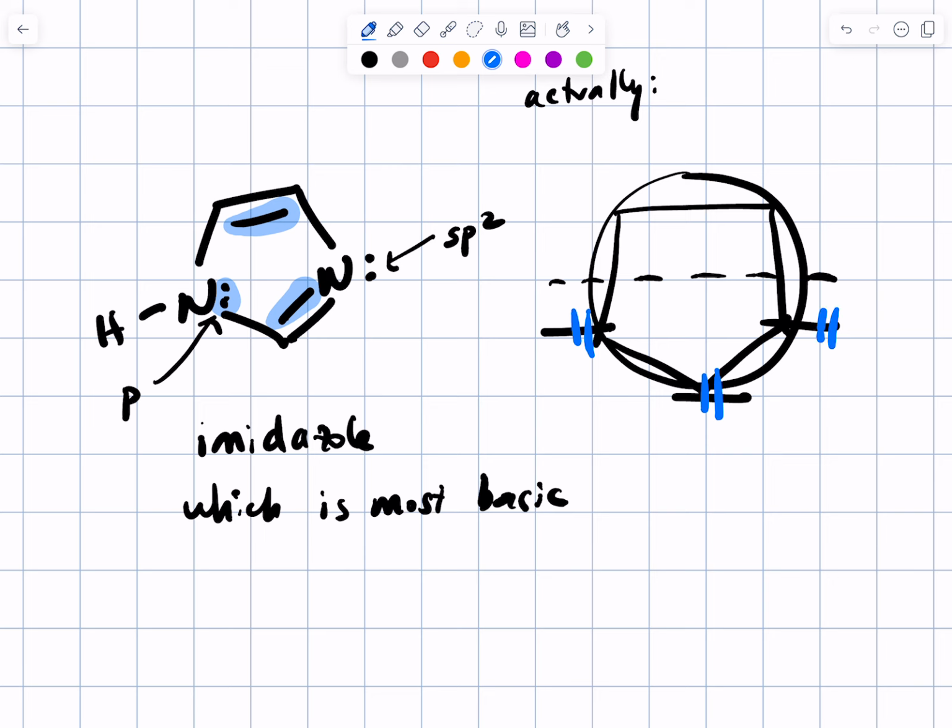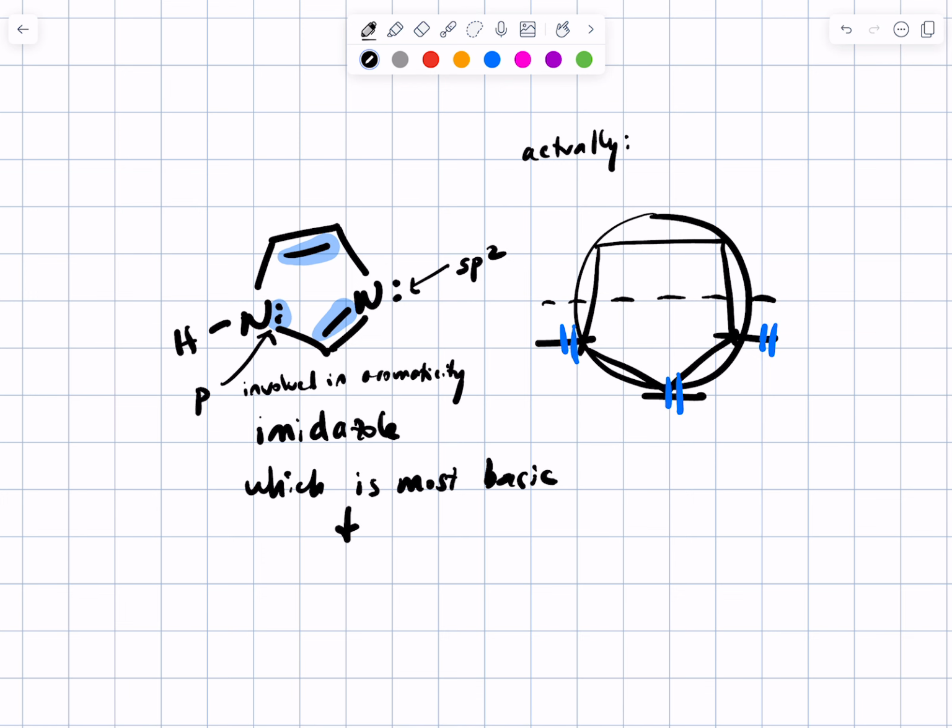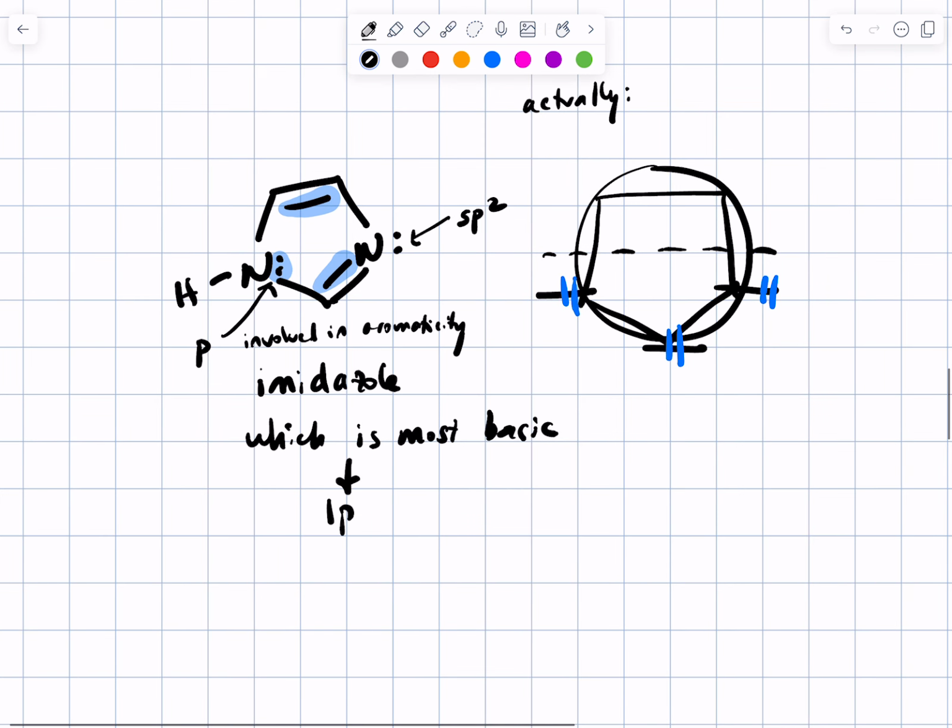And so the lone pairs that I've highlighted in blue there are involved in aromaticity, which automatically moves them lower in energy than our sort of break-even non-bonding line. So the most reactive lone pair is the lone pair in an sp2 orbital on the pi bonded nitrogen.